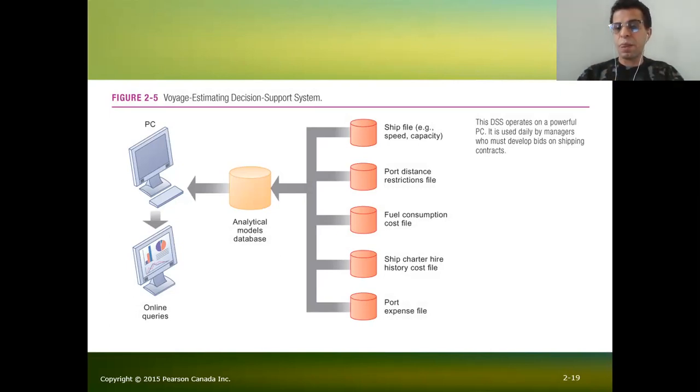But if you say, I'm going to stay in that port for 5 days, it will calculate the port expenses for 4 or 5 days. All this information is fed to the analytical model database, goes to the PC, and comes as an online inquiry.